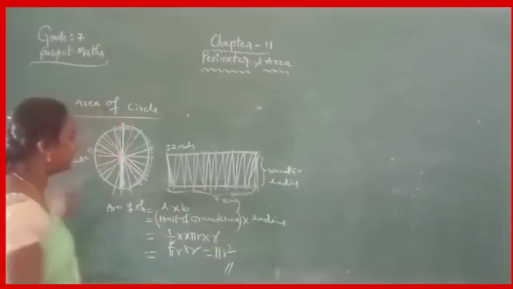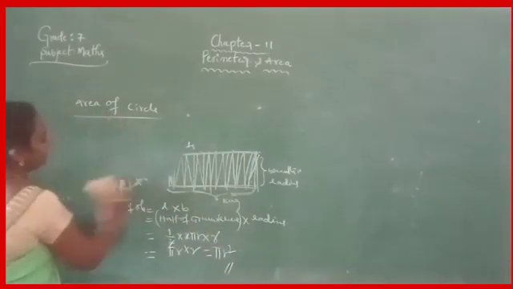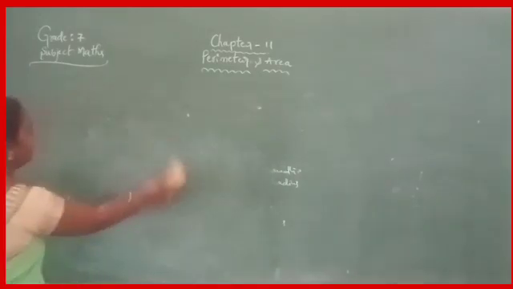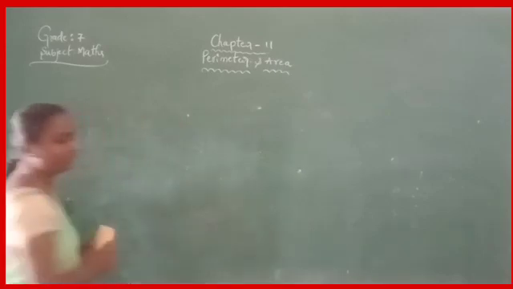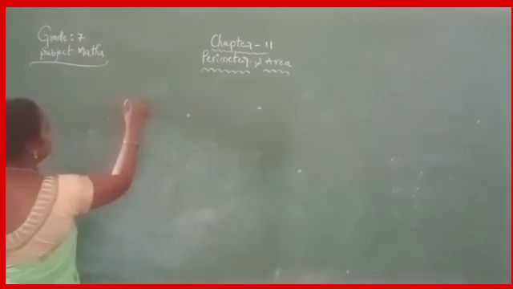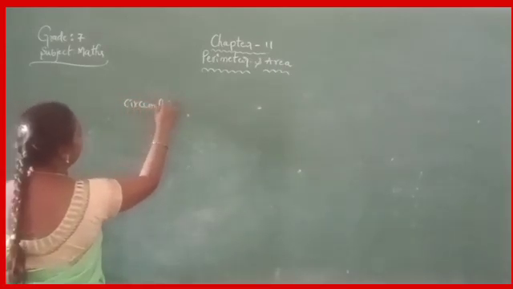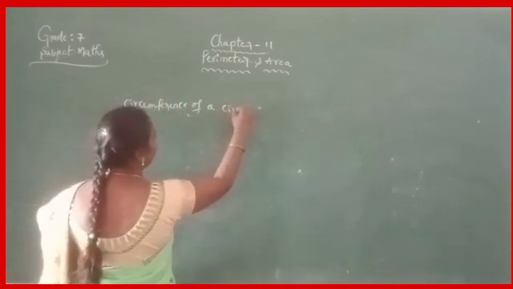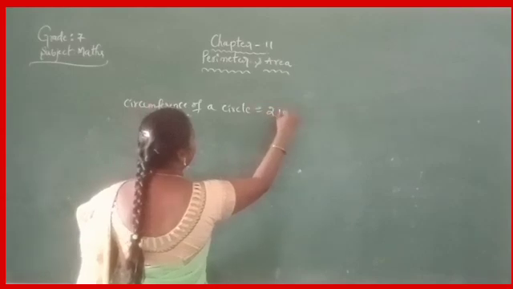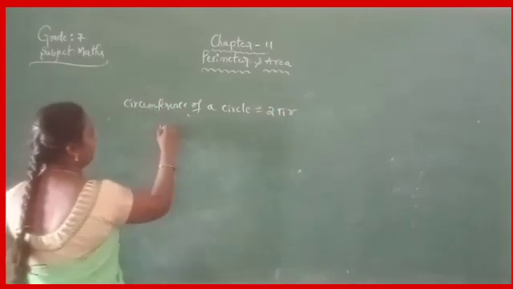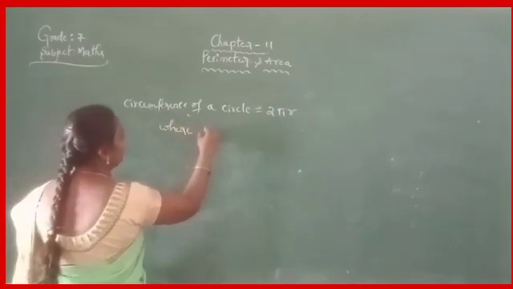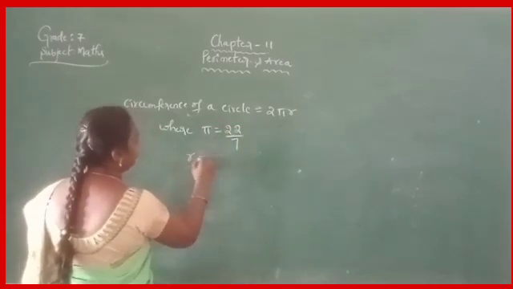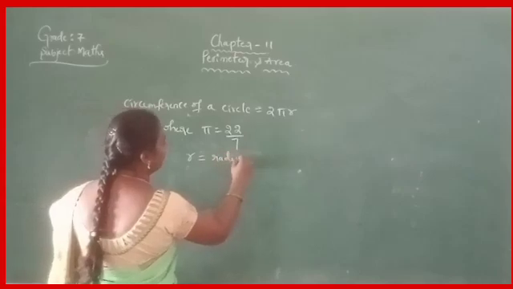Now tell me, what is the area of the circle here? Pi r square. What is the circumference of a circle? 2 pi r. Okay, so remember the formulas and write them in your notebook. Circumference of a circle formula is 2 pi r, where pi is equal to 22 by 7, which is nothing but 3.14, and r is equal to radius.